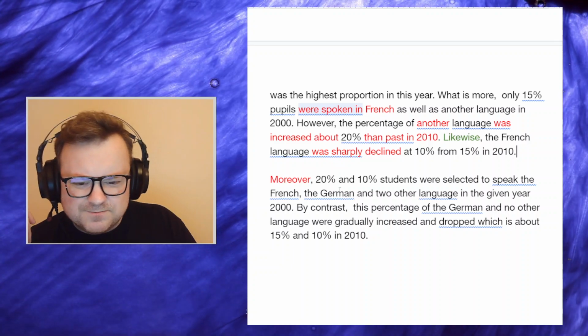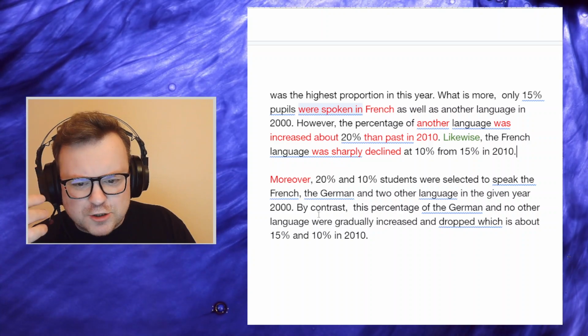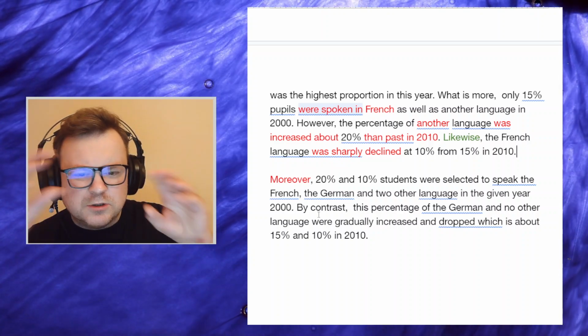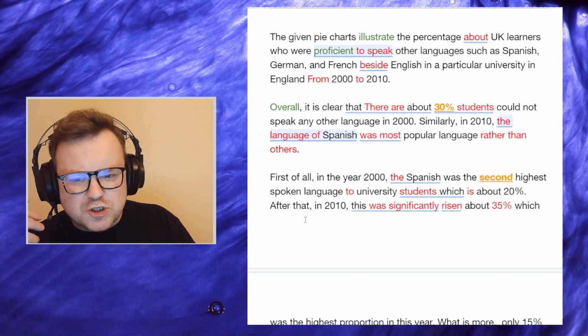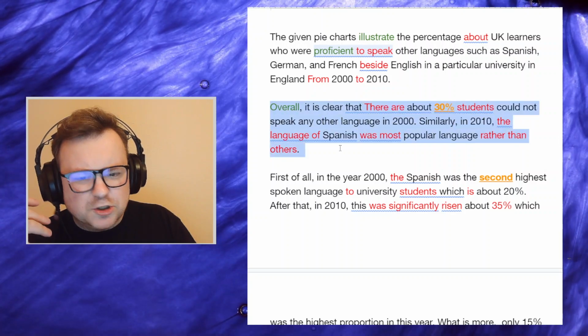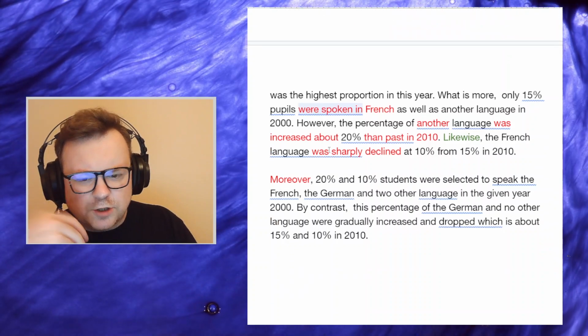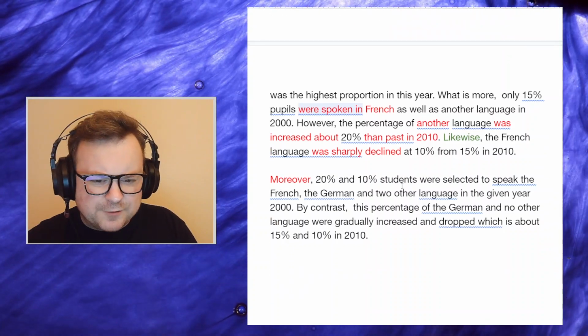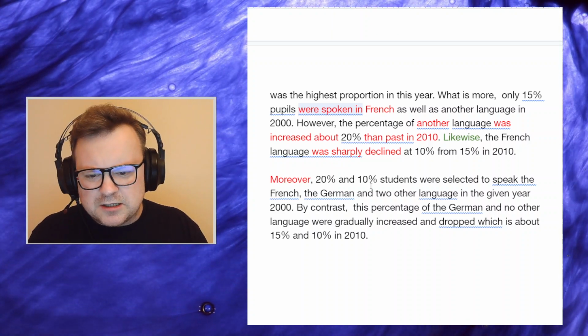But we're still focusing on more details again about French. So I don't like the fact that there are two body paragraphs focusing on French when you didn't really mention anything about French in the overview, and now you're spending a lot of time in the body paragraphs talking about French, and I don't really see why, because it's not really a key detail.